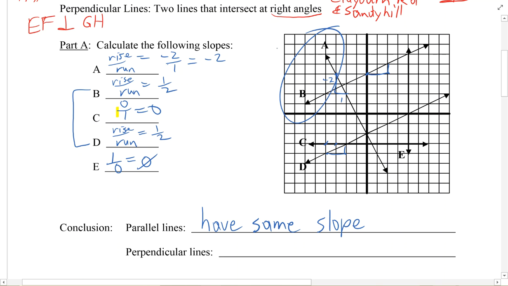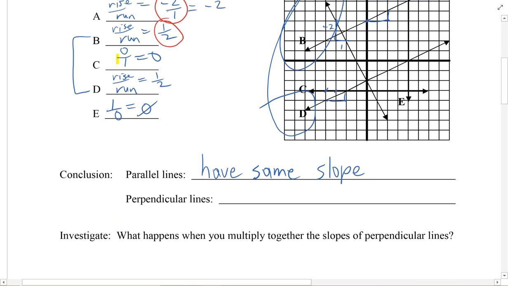Okay? Now what about A? A crosses B and A crosses D. So what do you notice about the slope of A? -2/1 versus B, 1/2. What two things do you notice? One's flipped. And what's the other difference? One's negative.